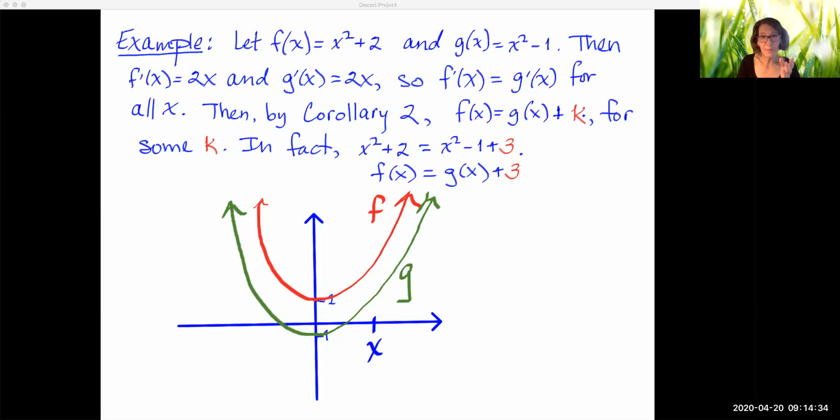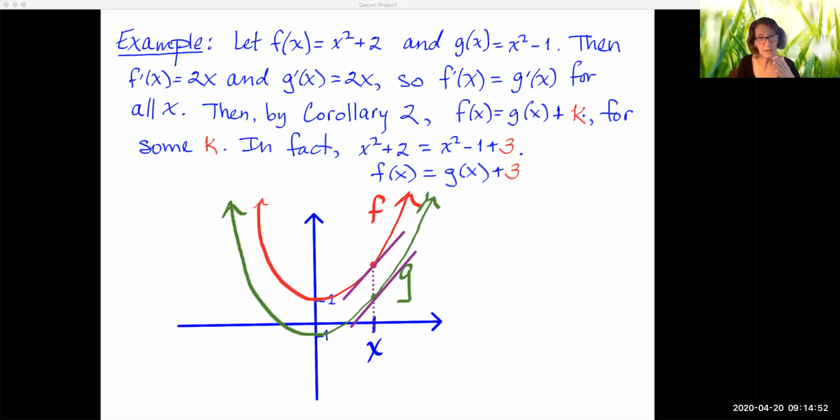And if we look at any point x, and look at the corresponding points on the curves, the tangent lines are parallel.